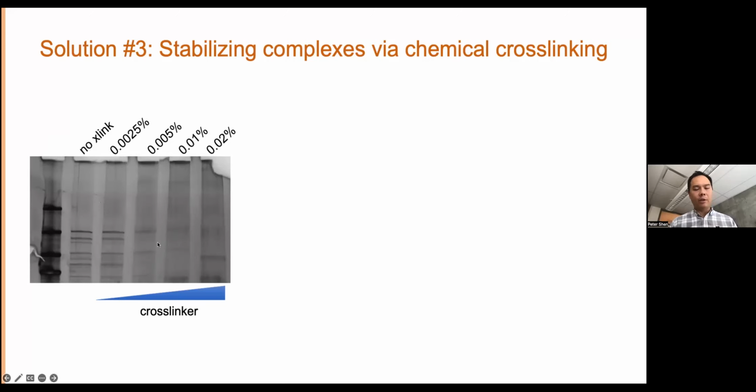Again, this does require a bit of optimization because every sample is going to be different. But as a starting point, if this is something you're interested in, we would recommend about 0.01% glutaraldehyde for 10 minutes, and use the negative stain to validate that your particles haven't been overly cross-linked.